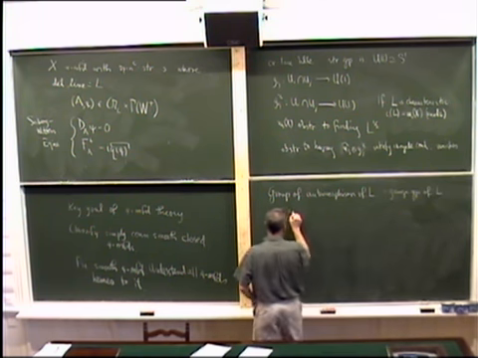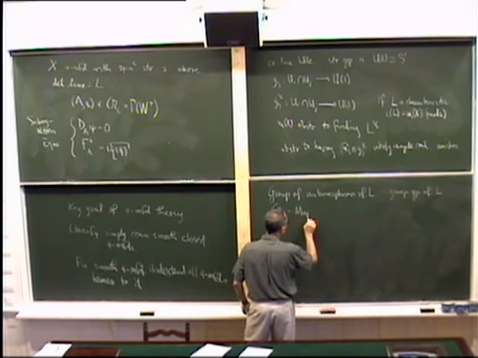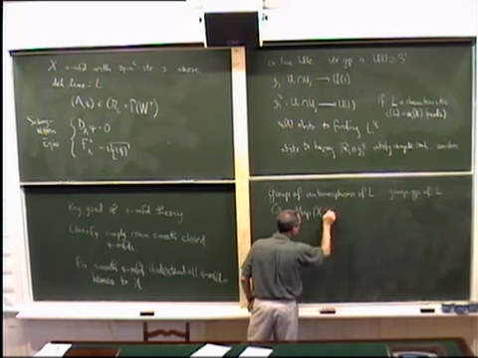Okay, so let's denote it by script G. It's maps from X to the circle.